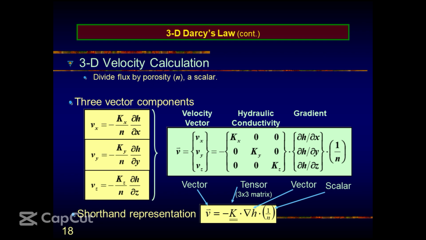And then this is the vector form. This is the velocity vector. This is the hydraulic conductivity. This is the hydraulic gradient, and then this is 1 over n. And in compact form, or the shorthand representation, you can simply write it this way: minus K dot this dot that. Also, this dot here is not signifying dot product, because a tensor is not a vector.